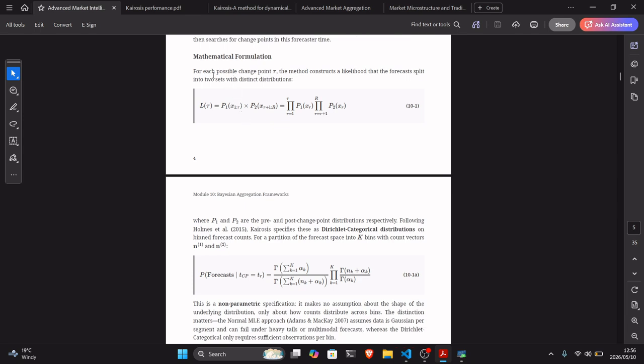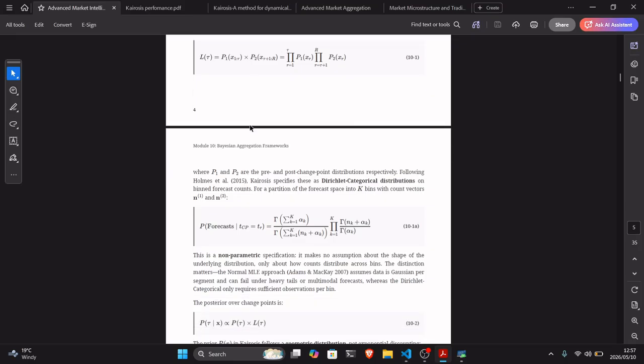Here's the mathematical formulation. For each possible change point tau, the method constructs a likelihood that the forecasts split into two sets with distinct distributions, where L_t of tau equals P_1 of x_1 up until tau times P_2 of x_(tau+1) up until R, which equals the product of P_1 of x_r from r equals 1 up until tau times the product of P_2 of x_r from r equals tau plus 1 up until R, right?